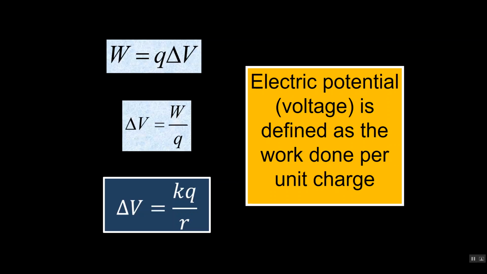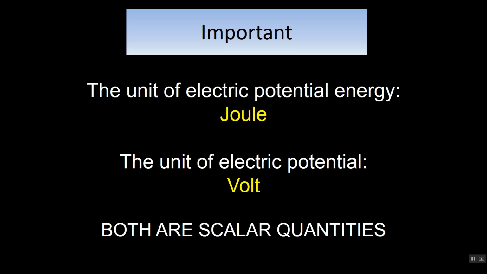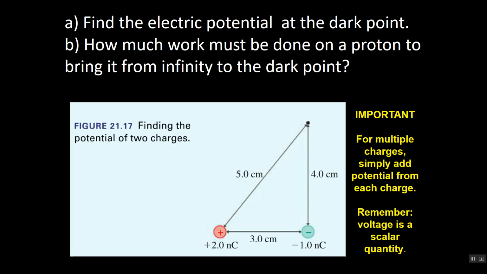So remember, it's the energy divided by the charge that's going to give you that potential, the changing potential. We also derived this equation for it. Remember that the units for energy are always joules, and potential is in volts. Both are scalar quantities. There is no direction to energy, there is no direction to voltage.